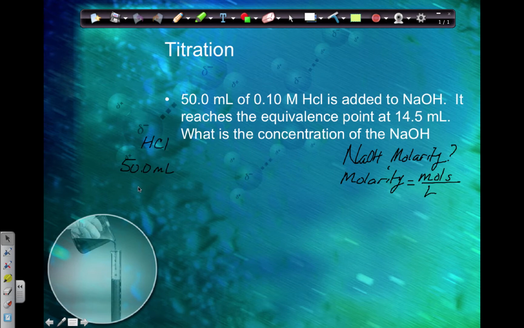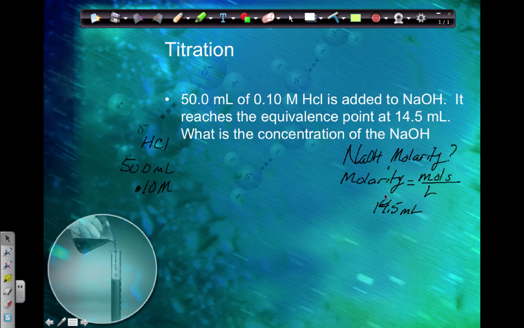I also know that the concentration of that is 0.1 moles per liter, and it was added to 14.5 milliliters of sodium hydroxide. So I have the volume of my sodium hydroxide, but I don't have my number of moles. If I want my molarity, I need to get my number of moles.